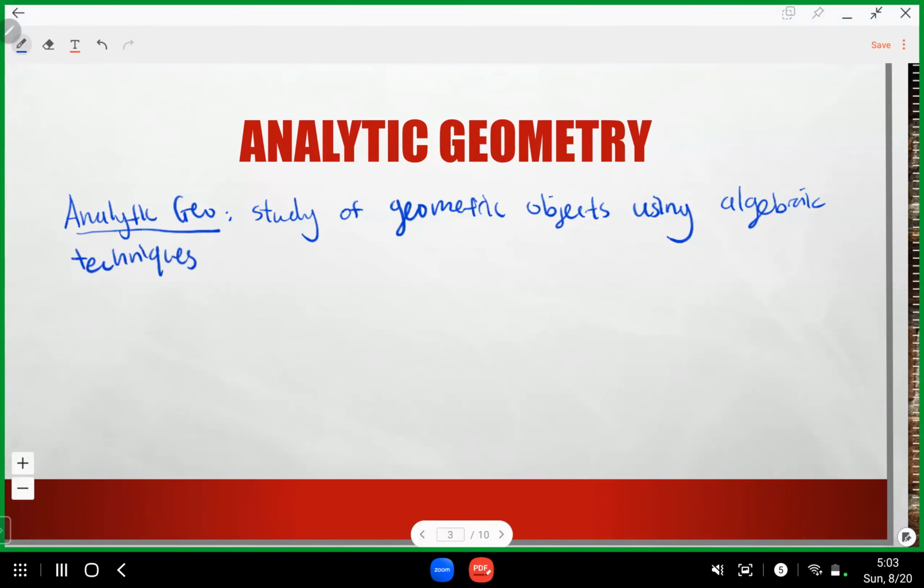So since algebra is very important and we use algebra in a lot of different mathematical fields, in geometry we use it a lot.